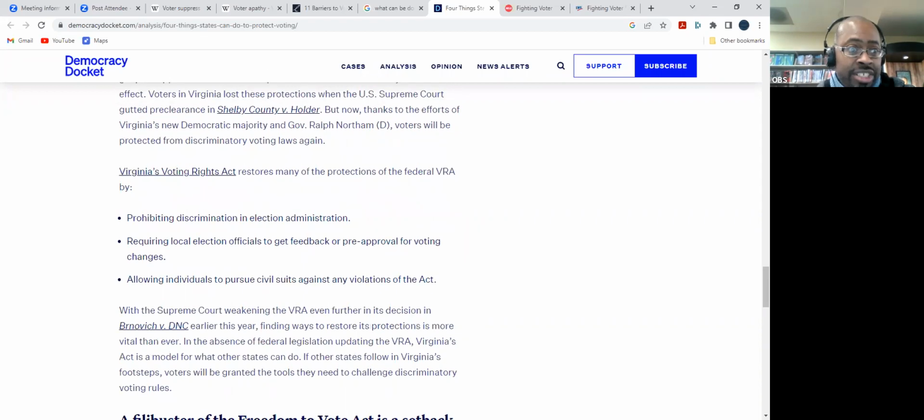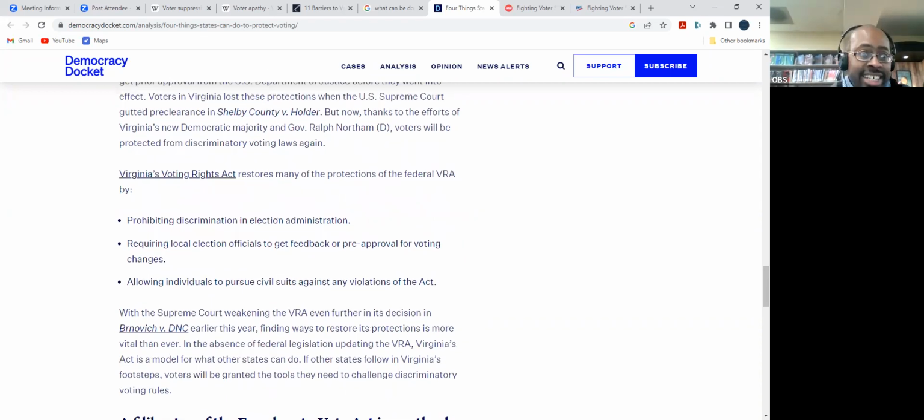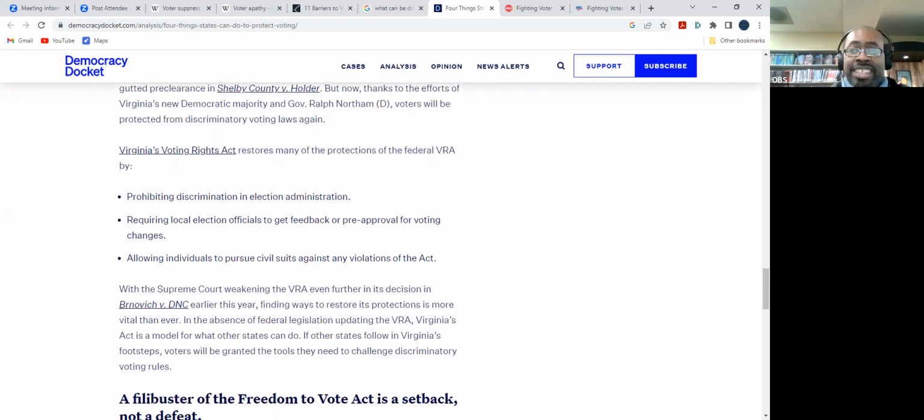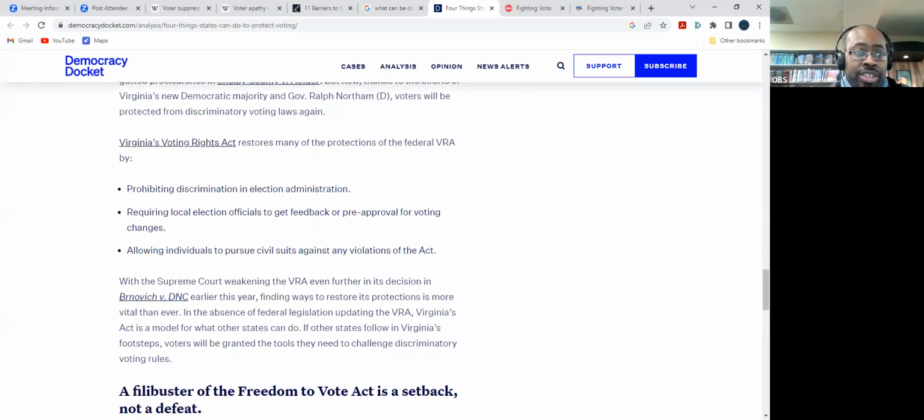So what does Virginia's Voting Rights Act do? Number one, it prohibits discrimination in election administration. Number two, it requires local election officials to get feedback or pre-approval for voting changes. So in other words, if you have a local election, anything that they do has to get approval from the state before it goes into effect.